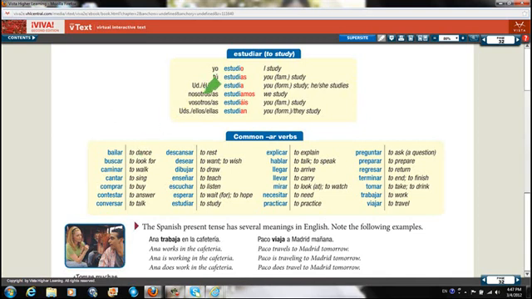So I want to use the tú and the AS ending. Tú caminas a la clase también, ¿verdad? You're walking to class too, right?